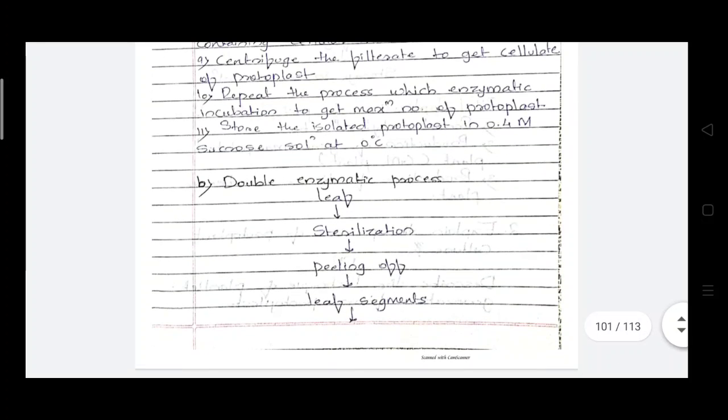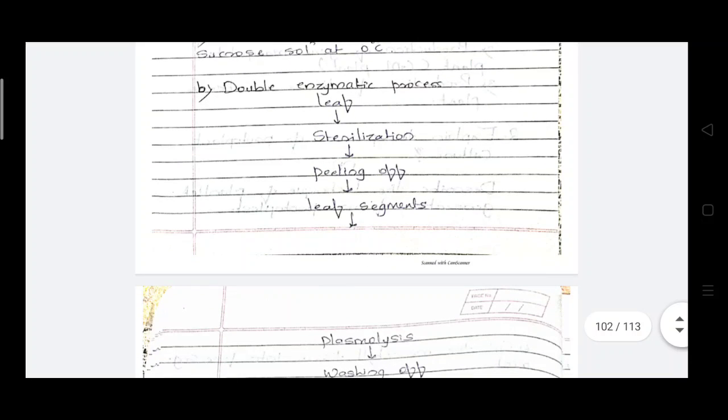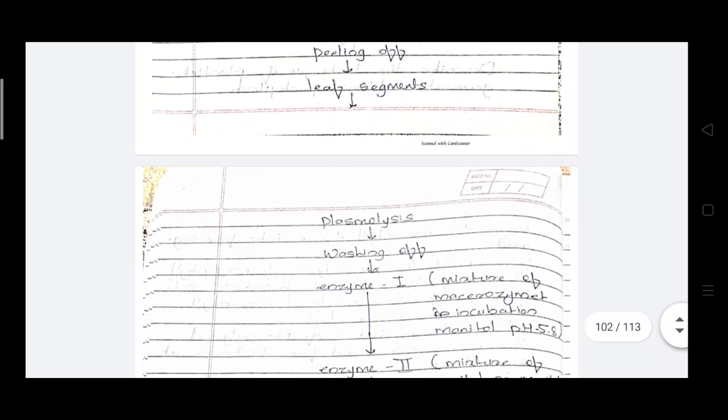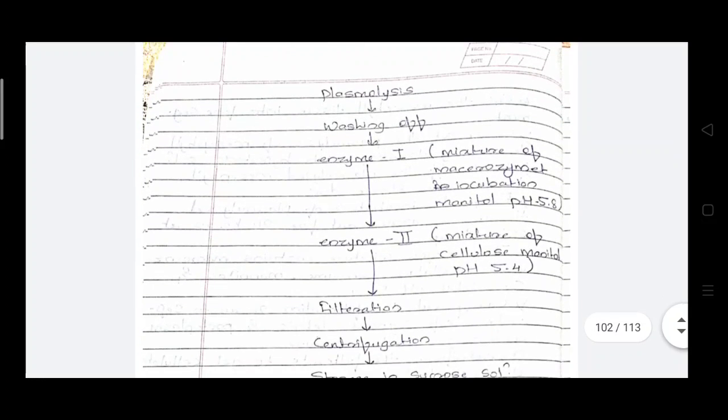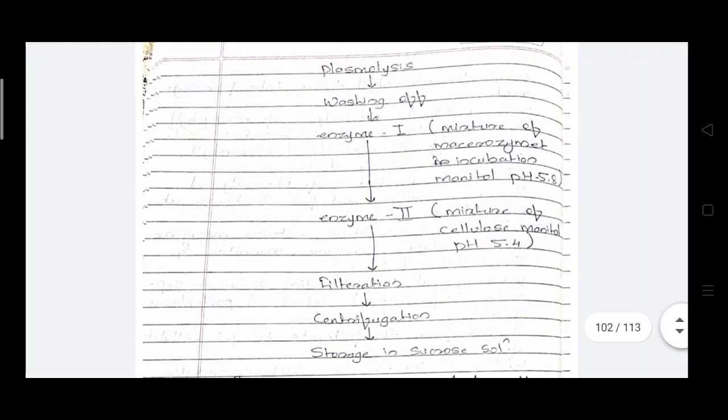In that, there is also the double enzymatic process. In the double enzymatic process, the first part is the same: take the leaf, sterilize it, peel it off, make its segments, then plasmolyse it. Then it is treated with the first enzyme, that is macerozyme incubation in mannitol at pH 5.8.